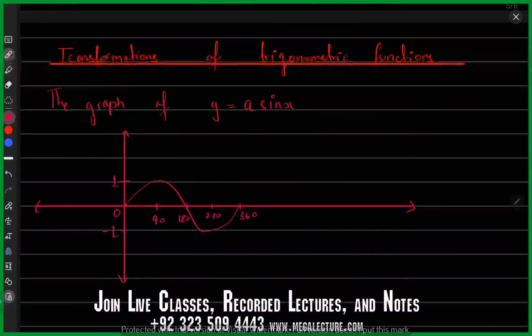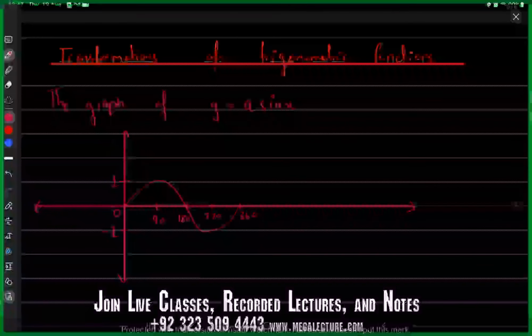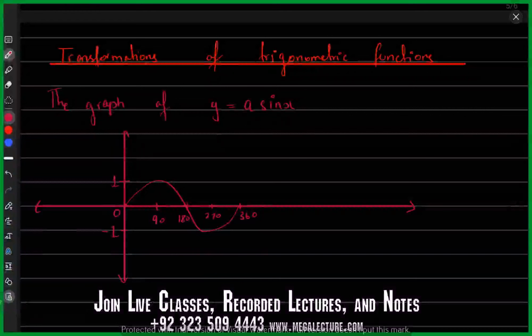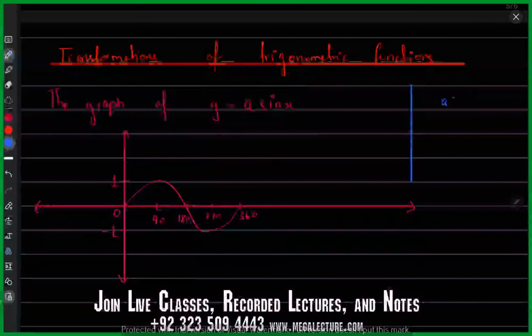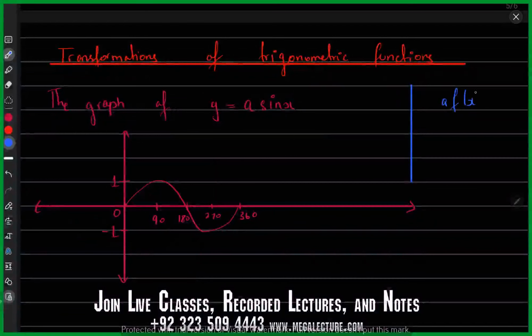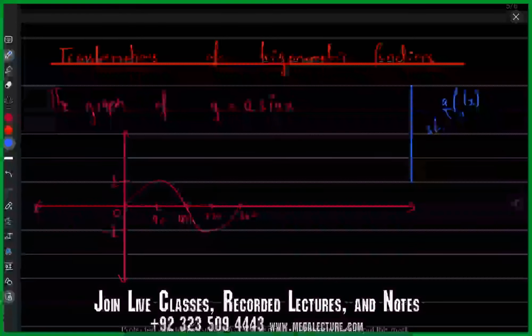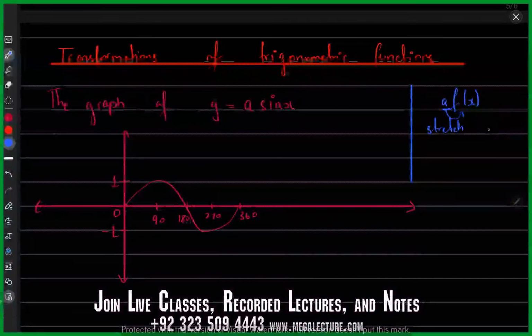What would be happening when I would make the graph of y equals a sine of x, okay? So for this, you need to think about some old knowledge, that what used to happen when we used to multiply a number with the function. So it used to be a stretch along the y direction.